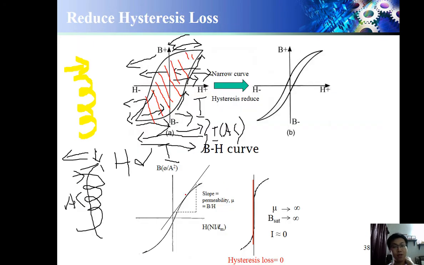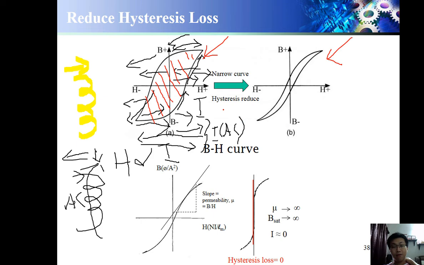Okay, for the BH curve, we have a broad curve. We also have a narrow curve. For a broad curve, the hysteresis loss will be higher. For a narrow curve, the hysteresis loss will be lower. At the same time, hysteresis loss also happens in the AC field.